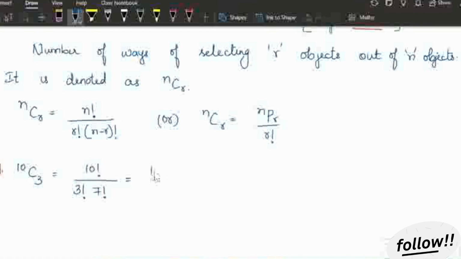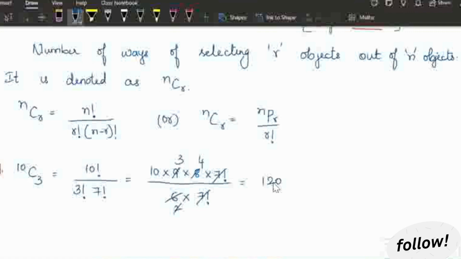So I am expanding 10 into 9 into 8 into 7 factorial. I'll stop here because the denominator has a 7 factorial which will get cancelled. Then I have 3 factorial, whose value is 6. So 7 factorial gets cancelled. We'll cancel this by 3. 3 twos are 6, 3 threes are 9, and 3 fours... 2 fours are 8, which gives you 120. This is how you find the value of 10C3 using the formula.